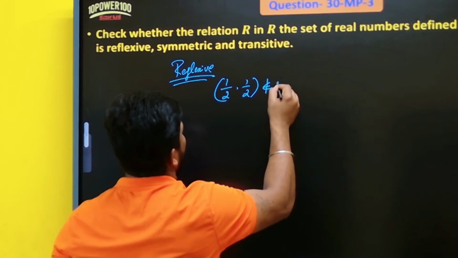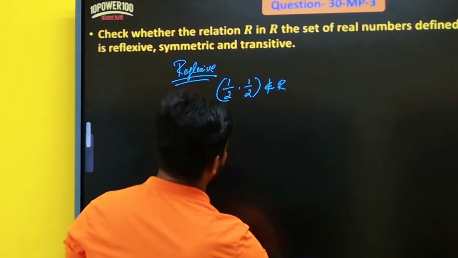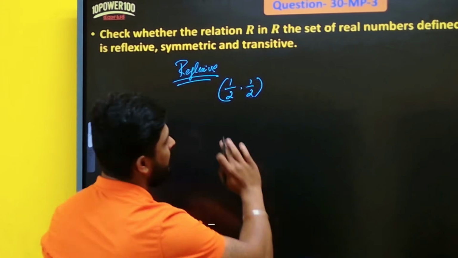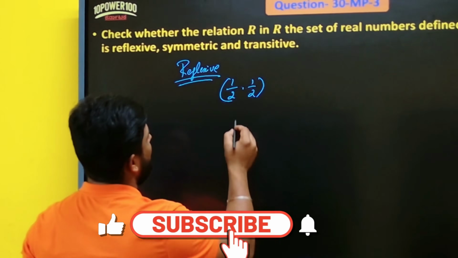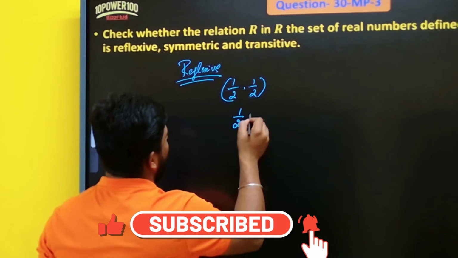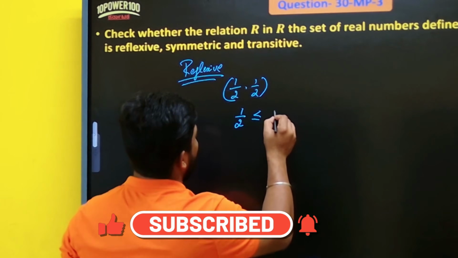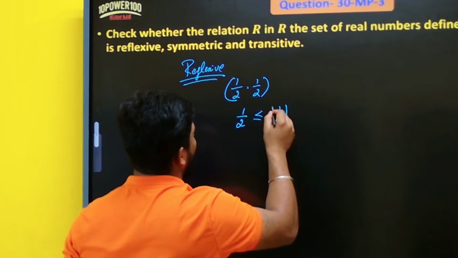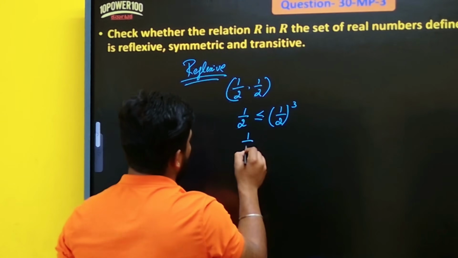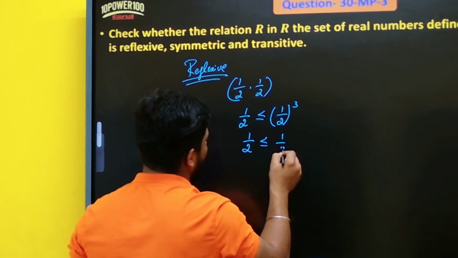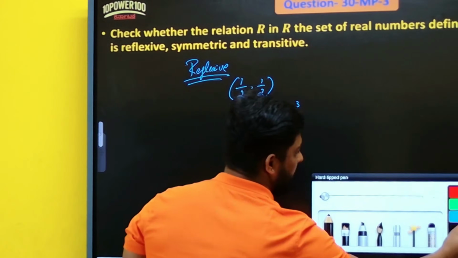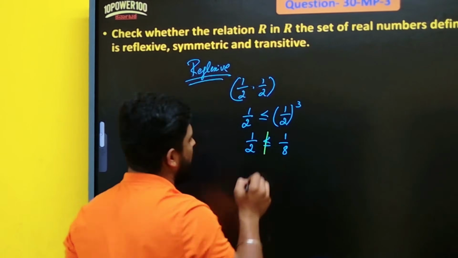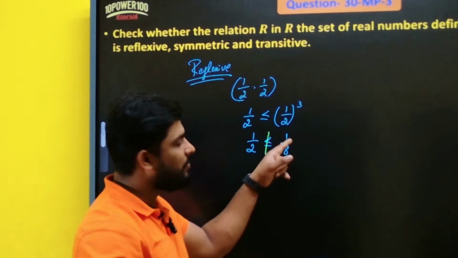does not belong to R. Why? Let's put here, half less than or equal to half cube. Half cube is how much? 1/8, right? So 1/2 less than or equal to 1/8. It's actually false, kids, because 1/2 is bigger than 1/8, correct?